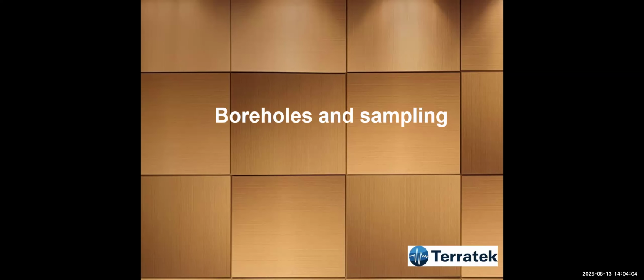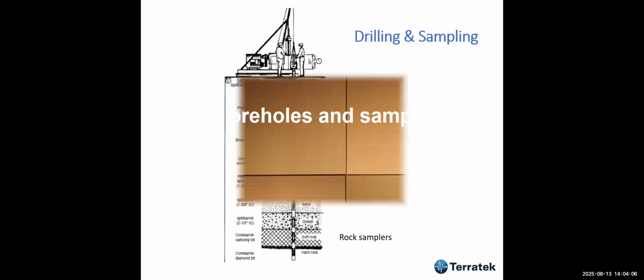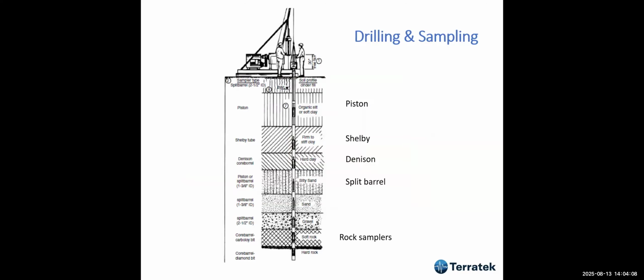Let's start by talking about boreholes and sampling, which is the oldest way of doing site investigation by digging a borehole and obtaining samples for additional testing. And here we have a series of different types of samplers that can be used.